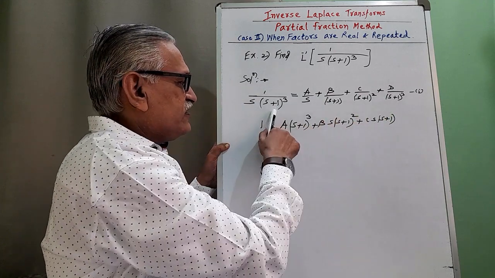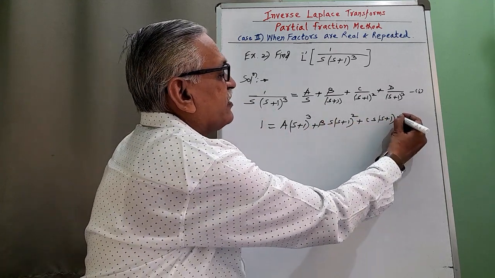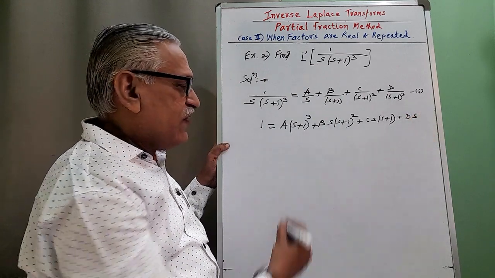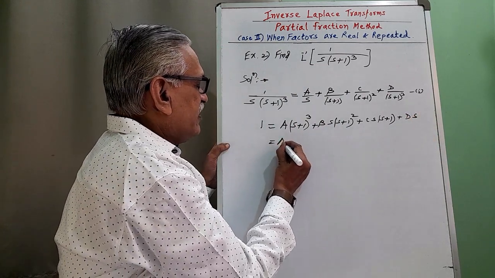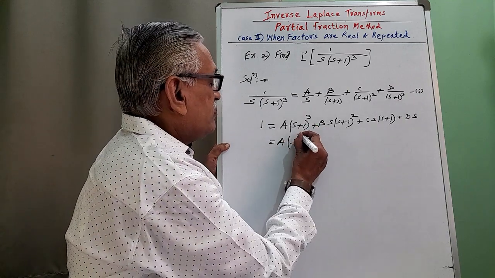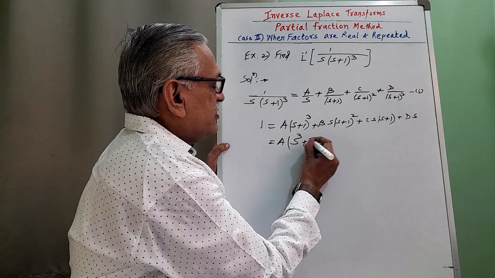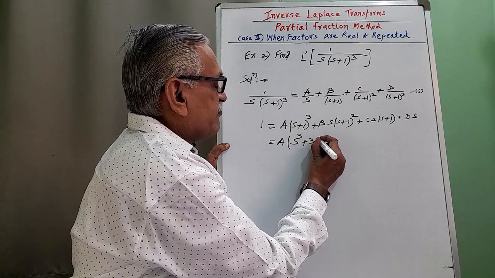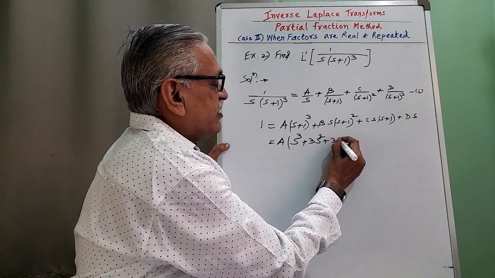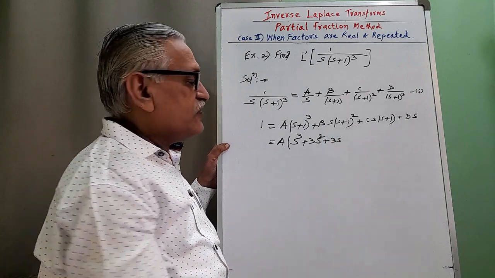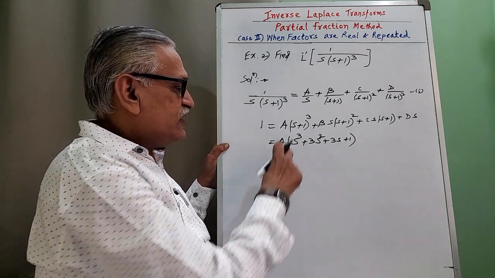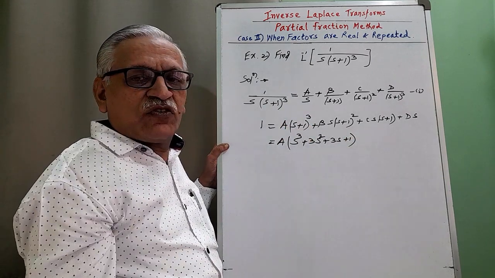Then dividing by this term, it gets cancelled, remaining is s only, therefore it is d into s. Then simplifying, it is a into the expansion of a plus b whole cube, a cube plus 3a square b, meaning s cube plus 3s square plus 3s plus 1, since 1 cube is 1. That is the expansion of the term s plus 1 whole cube.